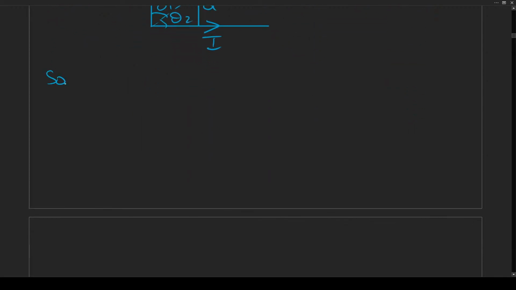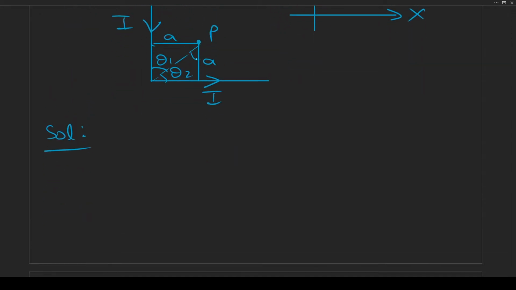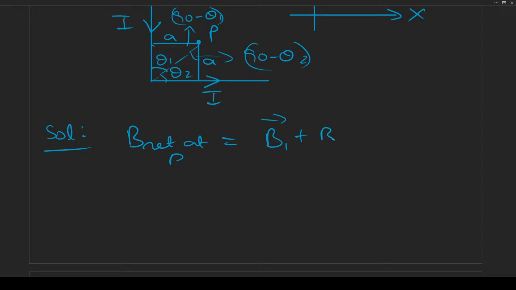Now solution for this question is, we can say this angle here equals 90 minus theta 2, and this angle here 90 minus theta 1. And since there are two different angles here, B net at P equals B1 plus B2.